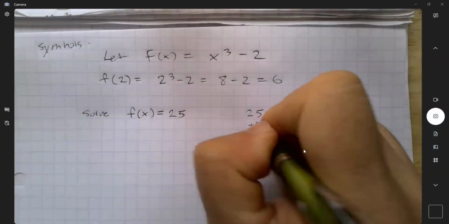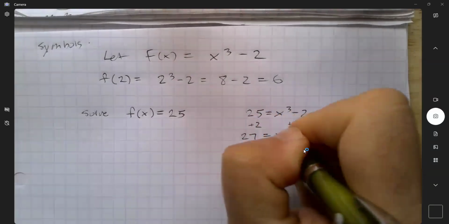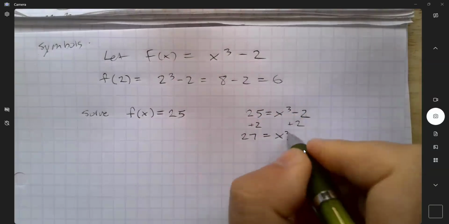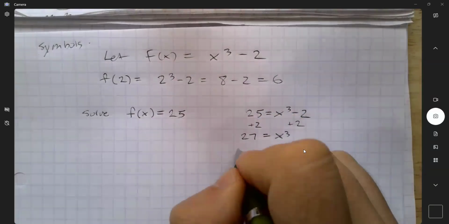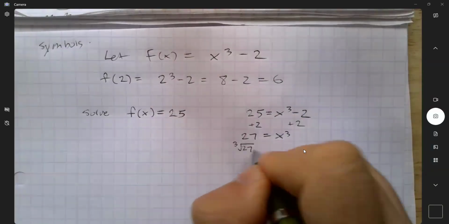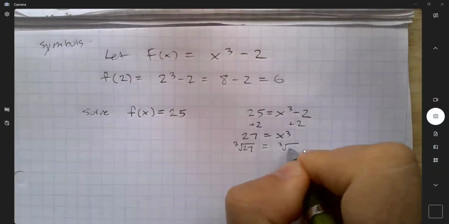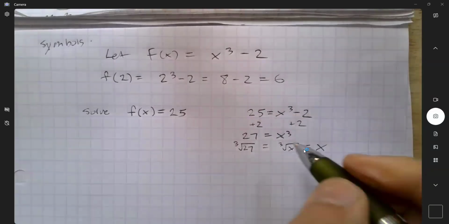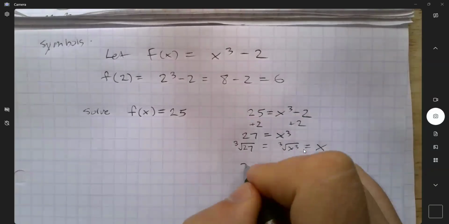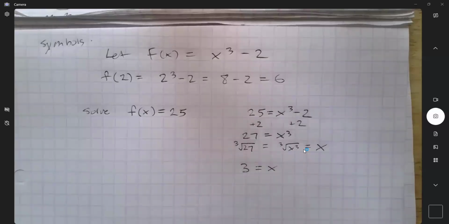Add 2 to both sides, and we get 27 equals x cubed. And we undo a cubic by taking the cube root. So the cube root of 27 is the cube root of x cubed, which is x. And if you're not familiar, you check your calculator and you find out that 3 equals x.